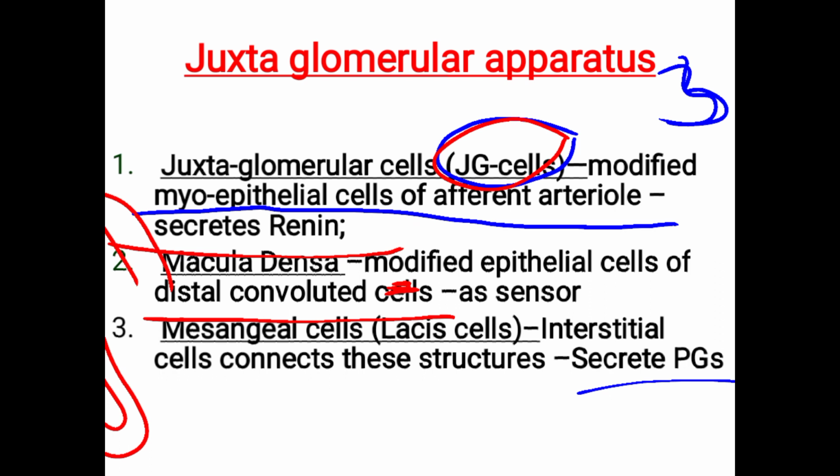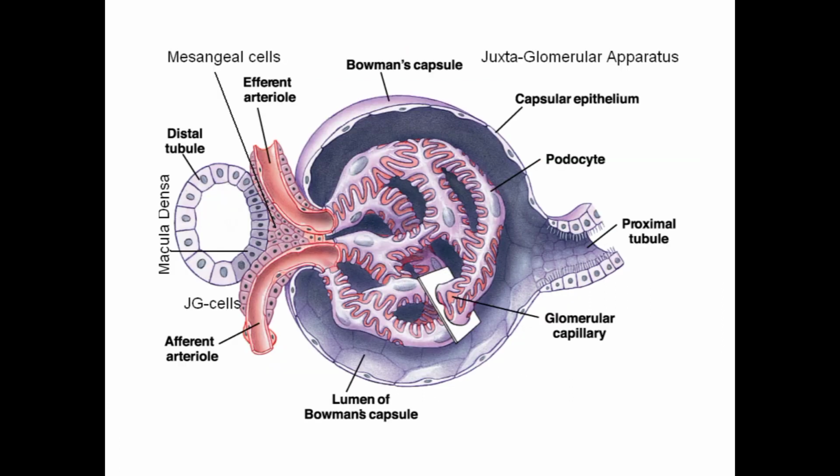The macula densa is a modified epithelial cells of the DCT and acts as a sensor. Then the mesangial cells are present between JG cells and macula densa. This is the JG cells, this is the macula densa, and between these the Lacis cell is present, which connects these two structures.